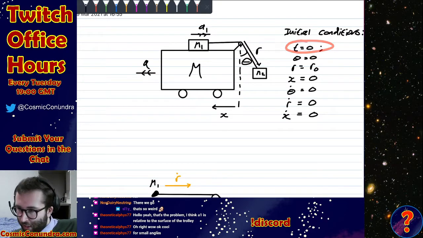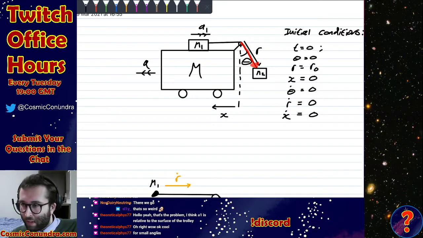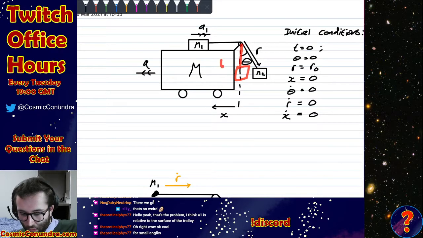At t equals 0, we're assuming that this rope is just straight down, not swung out at all. R is the length that the mass M2 has pulled out of the pulley. If the thing starts off at rest, this length will be what I've called R0, the initial length of rope between the pulley and the mass.